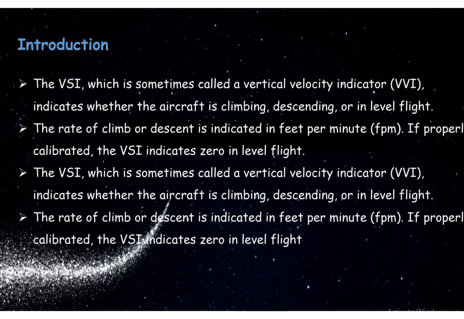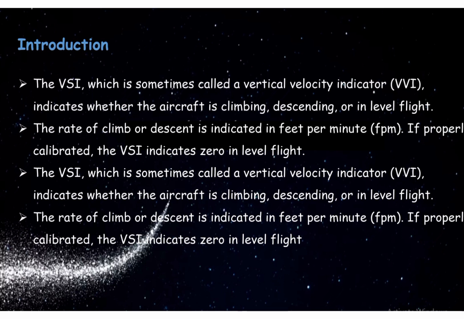We have seen pitot and static, so it works by using the static connection. When the aircraft is descending, ascending, or in steady flight, the static port gives pressure in this piston.